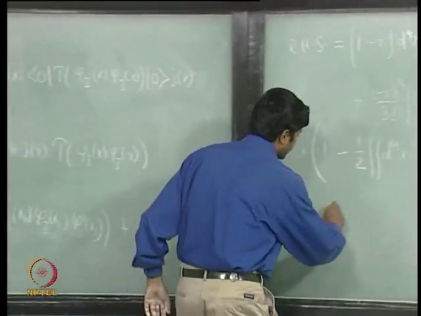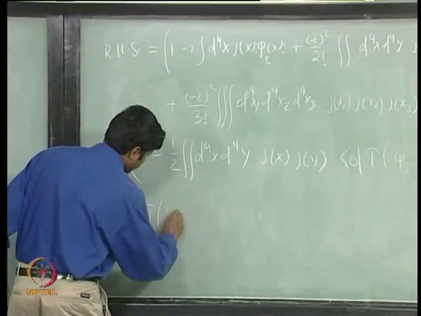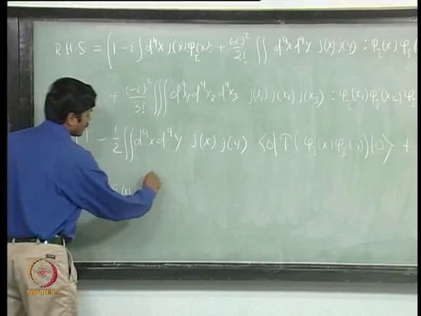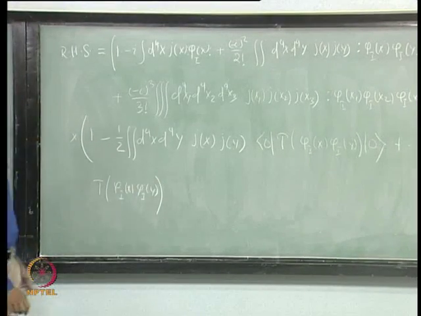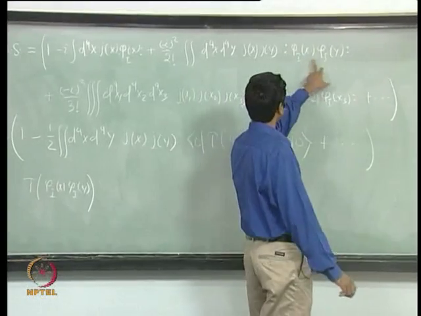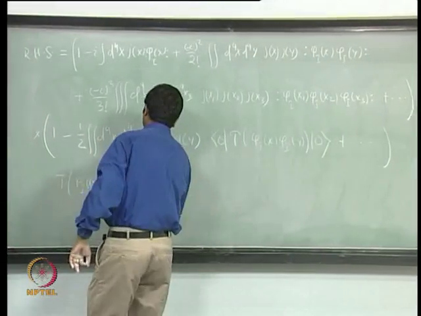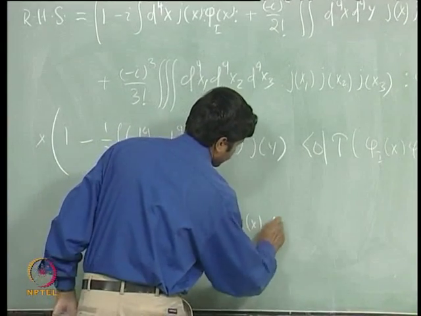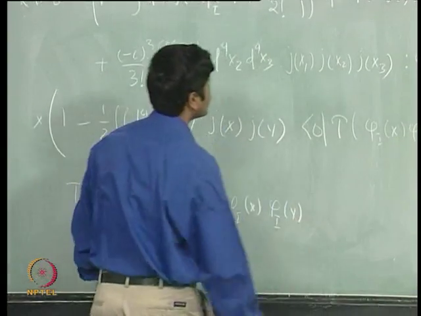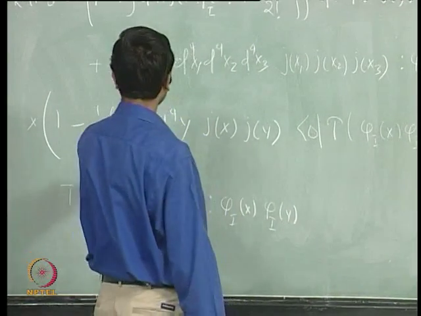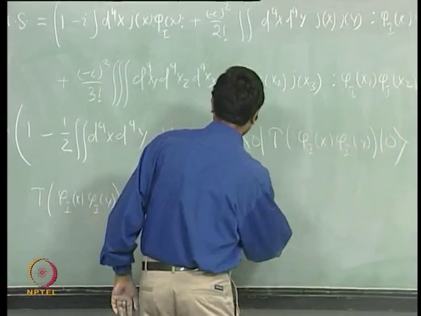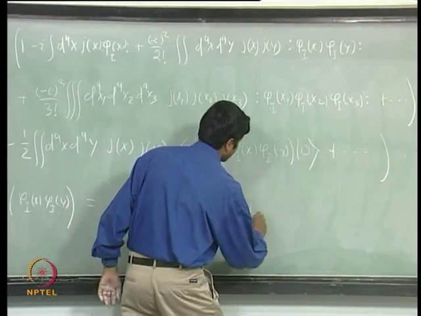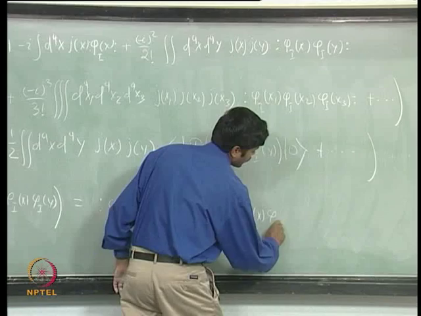So, from the left hand side I get time order product of phi I x phi I y. However, from the right hand side I get here the normal order product of phi I x phi I y, and also this term here plus vacuum expectation value of time order product of phi I x phi I y.